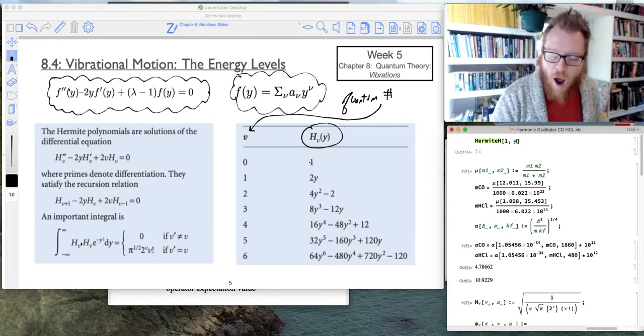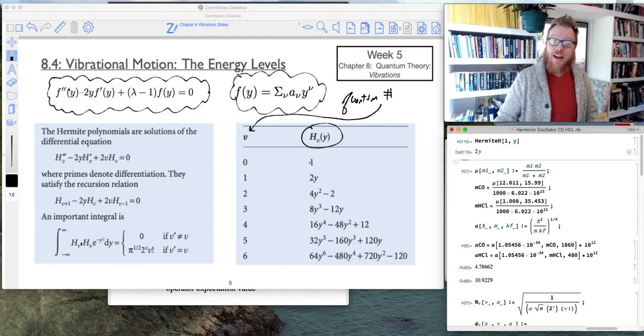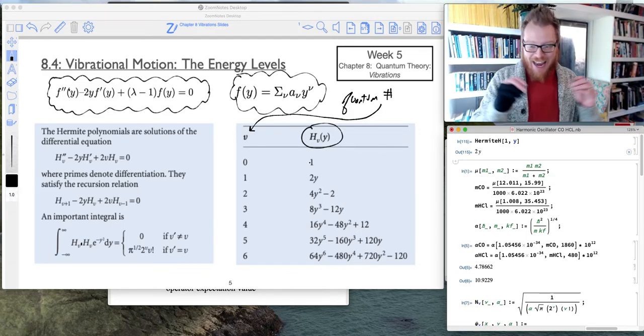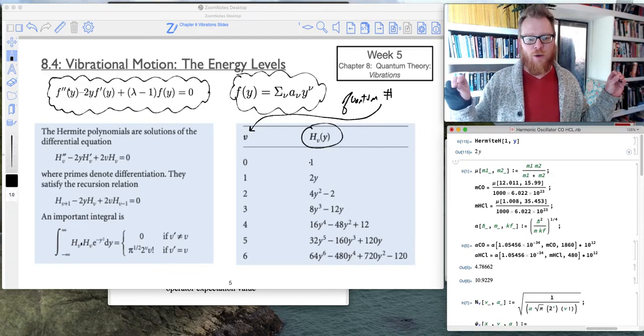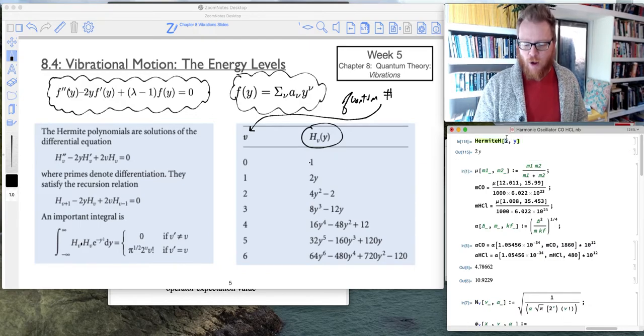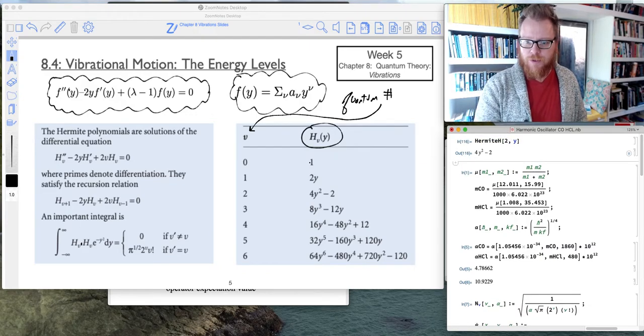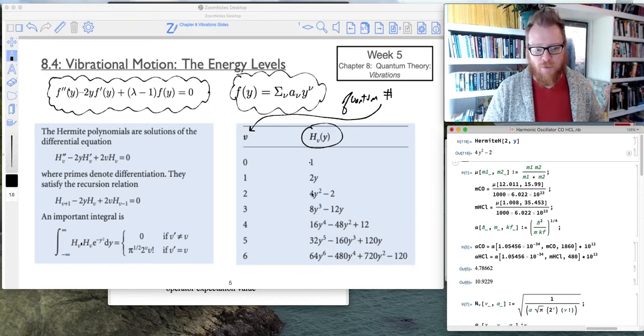We're going to stick with the y because I'll remind you that y contains all of those constants that we ignored, okay? So if I go up to quantum number 2, look, there it is, 4y squared minus 2, and there it is. If I go all the way up to 6, lovely, there it is. So that's awesome that the Hermite polynomials are already built in there.